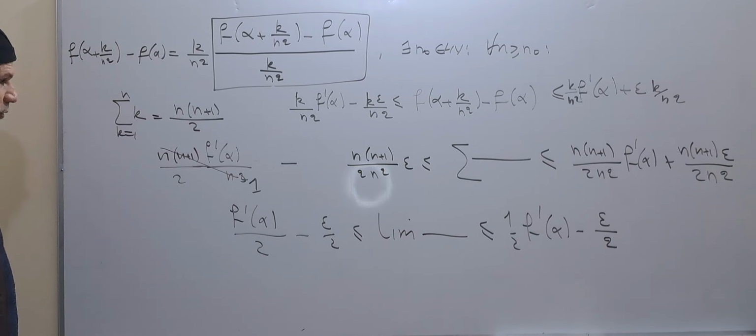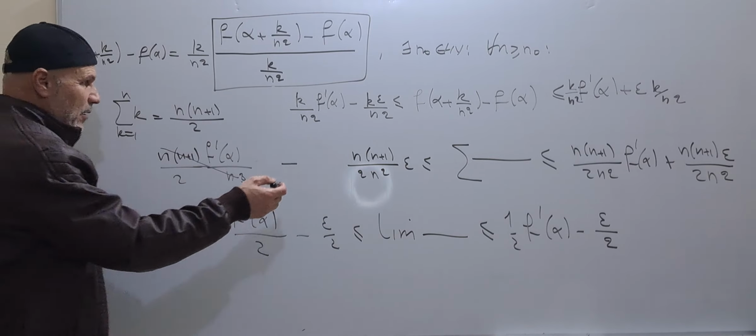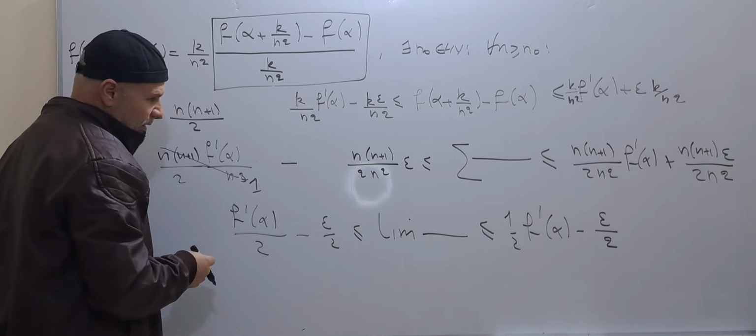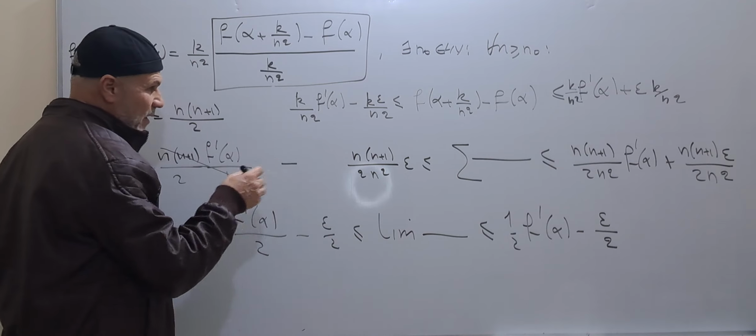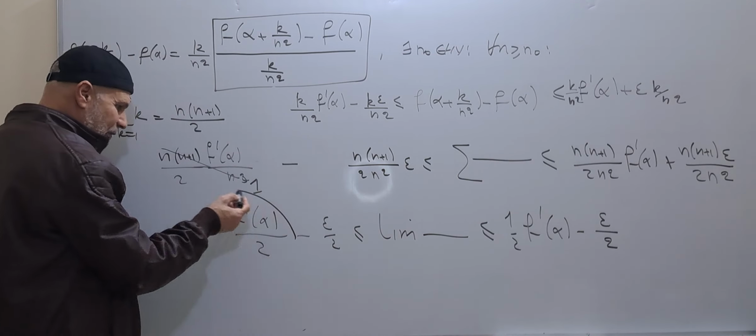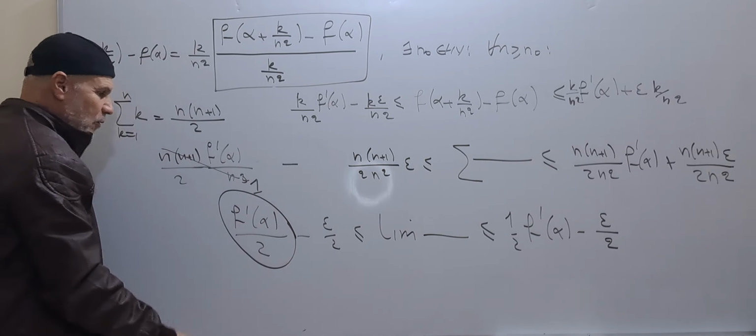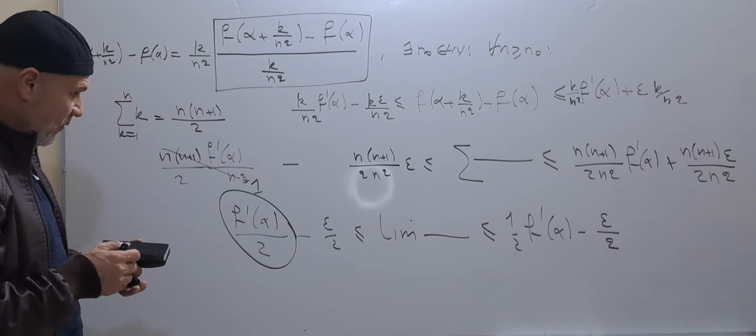This means that the limit of this sum goes to f prime of alpha over 2. This is the answer of this question.